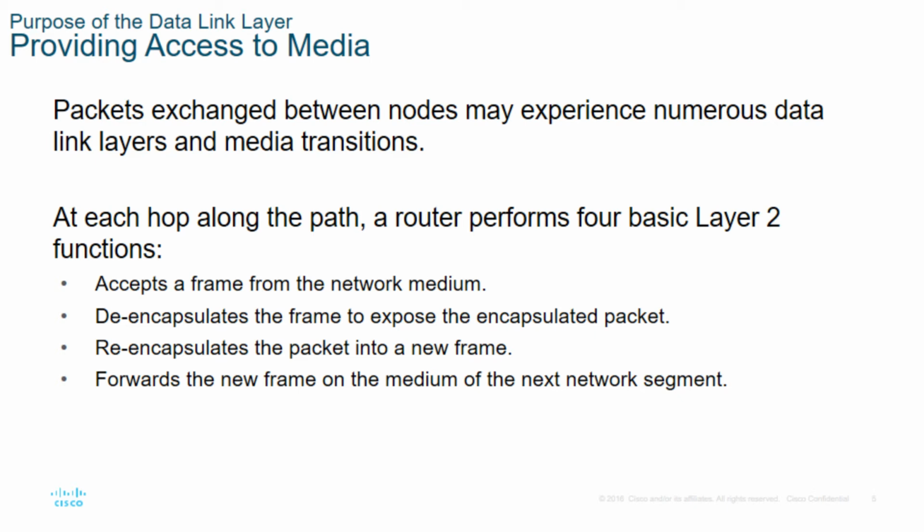At each hop along the path, a router performs the layer 2 functions: it accepts a frame from a medium, de-encapsulates the frame, re-encapsulates the packet into a new frame, and forwards the new frame appropriate to the medium of that segment of the physical network.